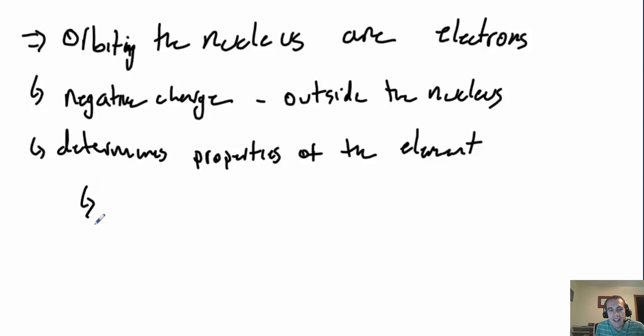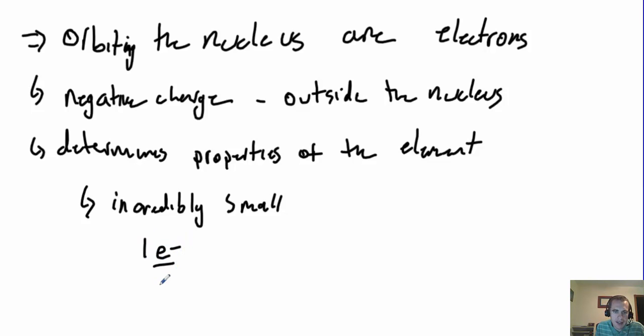Now, the last thing to know about electrons, these are incredibly small. Okay, incredibly small. The nucleus, like I said, is tiny. It doesn't take up very much space, but the nucleus has almost all the mass of an atom. Okay? One electron, by the way, E minus is the symbol for electron.